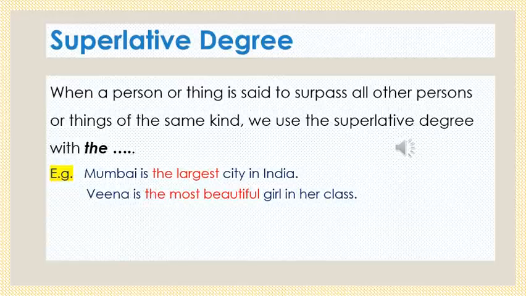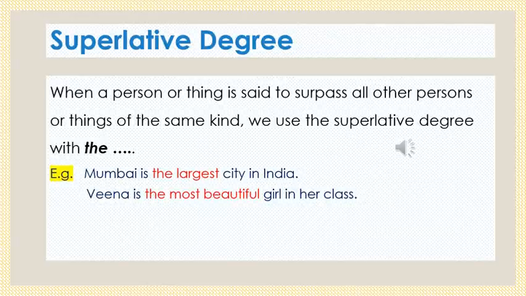Examples you can see: Mumbai is the largest city in India. Mumbai is considered as the largest city in India. Many cities are there in India. Out of that, Mumbai is the largest.